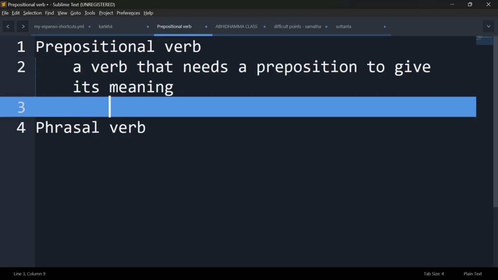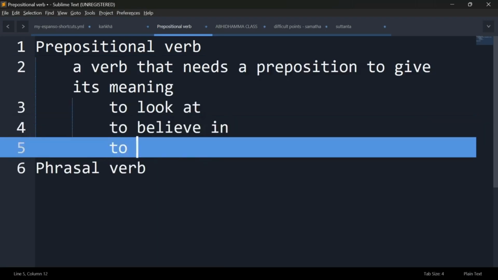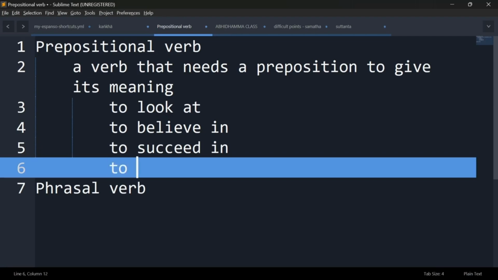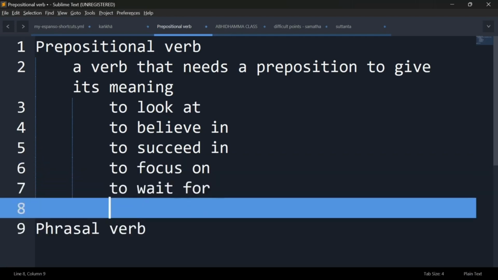For example, to look at, to believe in, to succeed in, to focus on, to wait for. Suffer from? I think suffer doesn't really need from, but yes. Some verbs need a preposition. Some verbs can be alone.